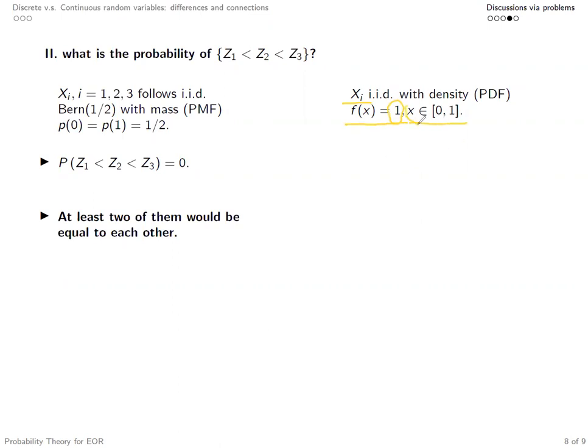So this random variable big X could take all possible values within this interval from 0 to 1. Now let's consider what is the probability of x1 smaller than x2 smaller than x3? Right? They are identical and they can all take different values from the interval from 0 to 1.